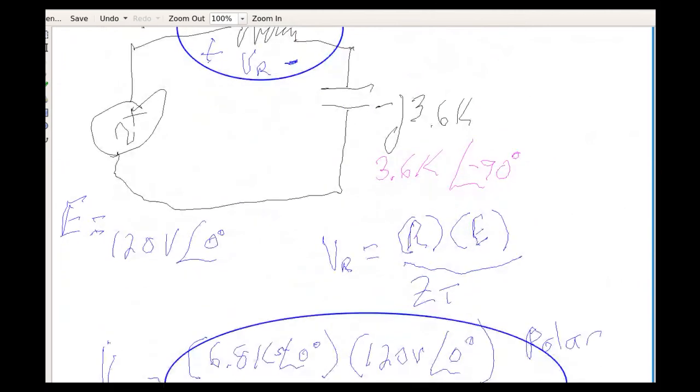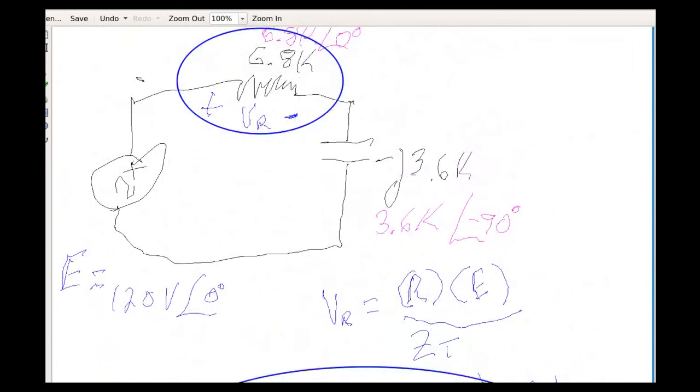Okay. So if we wanted to calculate, say, the voltage across the capacitor, let's just go ahead and do that while we're at it. So the voltage across the capacitor.